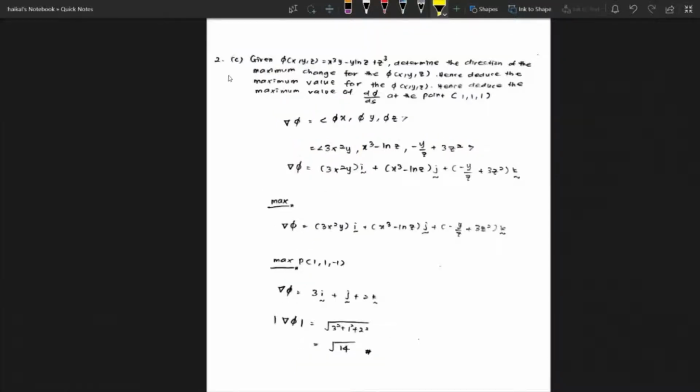Okay, next is 2c. Given phi(x, y, z) equal to x cubed y minus y ln z plus z cubed, determine the direction of the maximum change for phi(x, y, z).